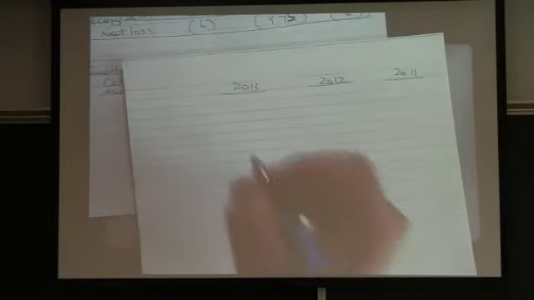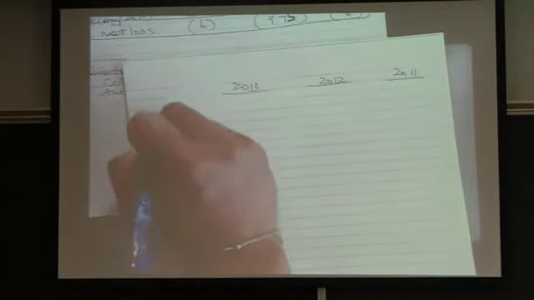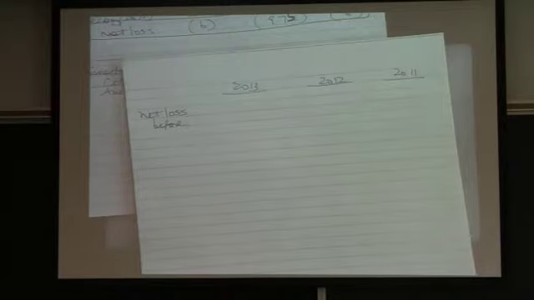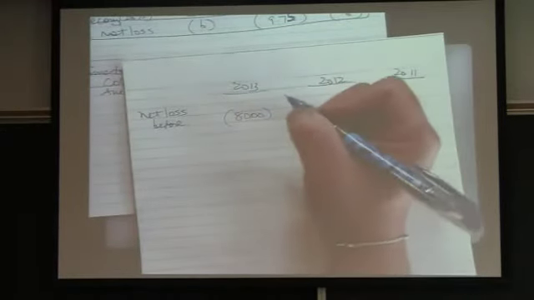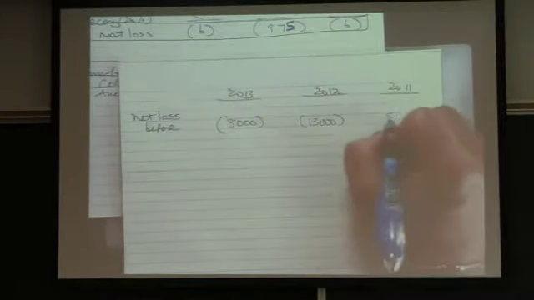What is the net income? So it would be a net loss, right? Before. We're going to exclude the tax for a minute. Net loss before is 8,000. This is 13,000. This is 8,000.